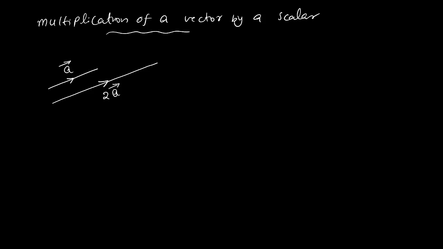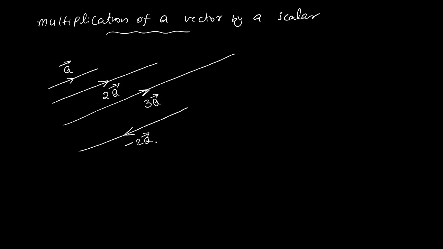Then what do you mean by 3 times a? 3 times a means 3 times the distance covered by the first person, but the direction remains the same. So if you multiply a vector by a scalar quantity, I mean a positive number, the magnitude is increased but the direction stays the same. But if you multiply by a negative number, for example minus 2a, the negative sign indicates the opposite direction.